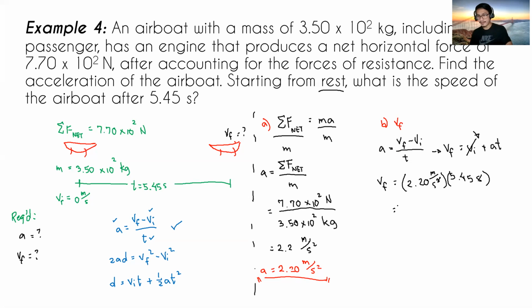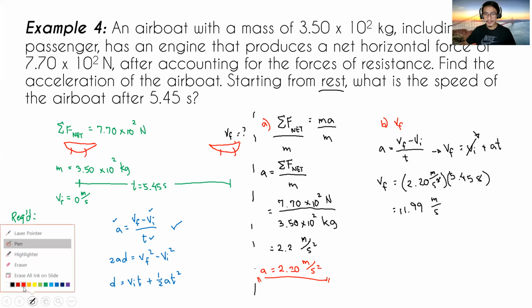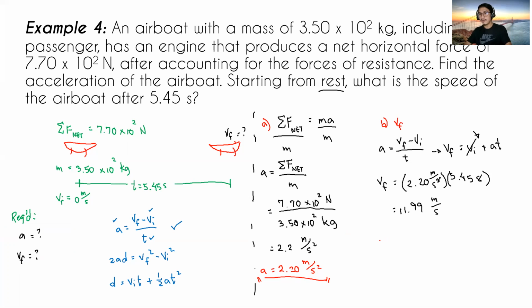That will give us 11.99 meters per second. But remember, we need only 3 significant figures, so our final answer should contain only 3 significant figures. That will give us 12.0 meters per second. Okay, so for the second law of motion, we can still use our previous discussion on kinematics, because we are dealing with acceleration.